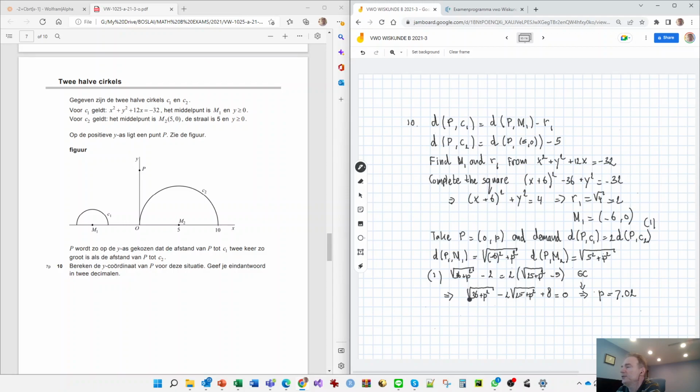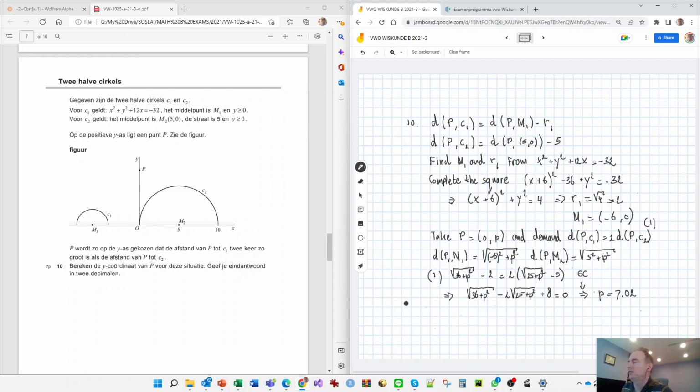Now in principle something like this you can do analytically. How do you do that? You isolate one square root and take the square on both sides, and you have to do that twice.